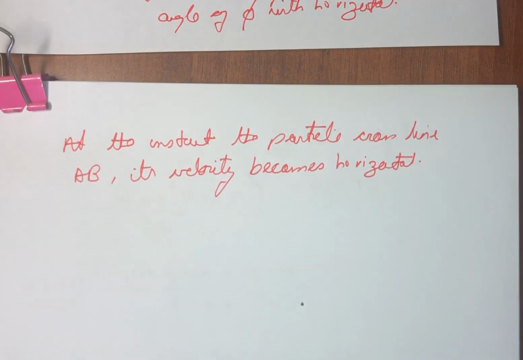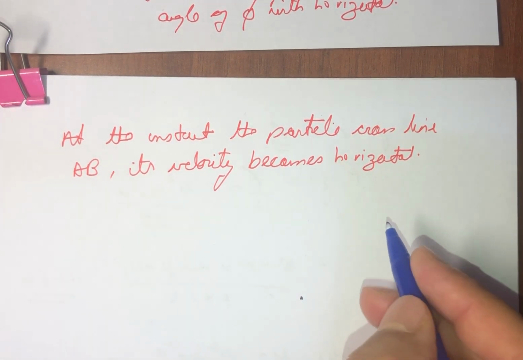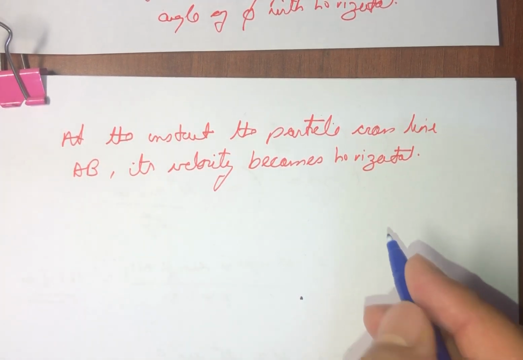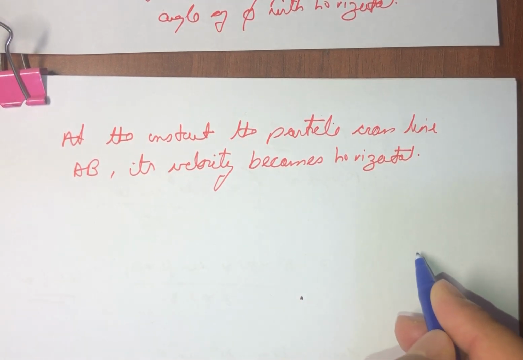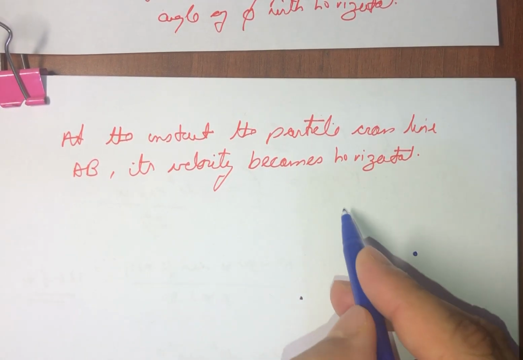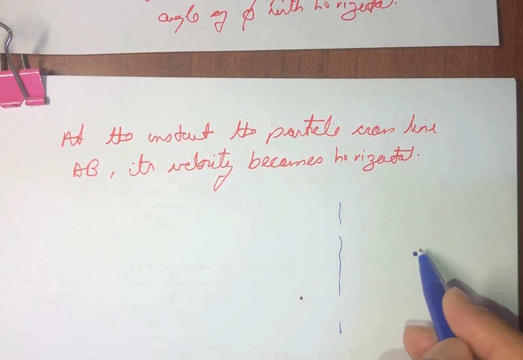So we can say that this is the point Q and this is line AB.